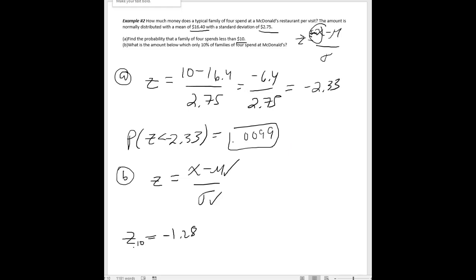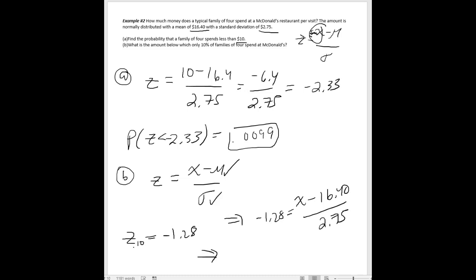So now it makes this problem a lot easier. You just plug everything in. Negative 1.28 is equal to x minus our mu, which is 16.4, over 2.75.